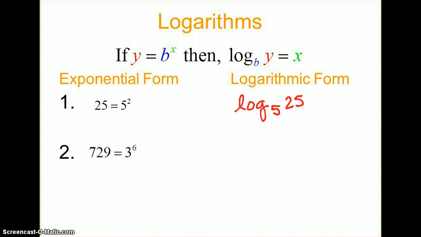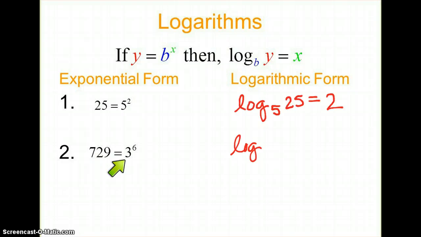What a logarithm is basically asking you is, with a base of 5, what power do I need to get 25? With a base of 5, I need a 2 as the power. So log base 5 of 25 is equal to 2, because 5 squared would give me 25. Now we can do the same thing with the second example. We start with the word log, and we look at our base.